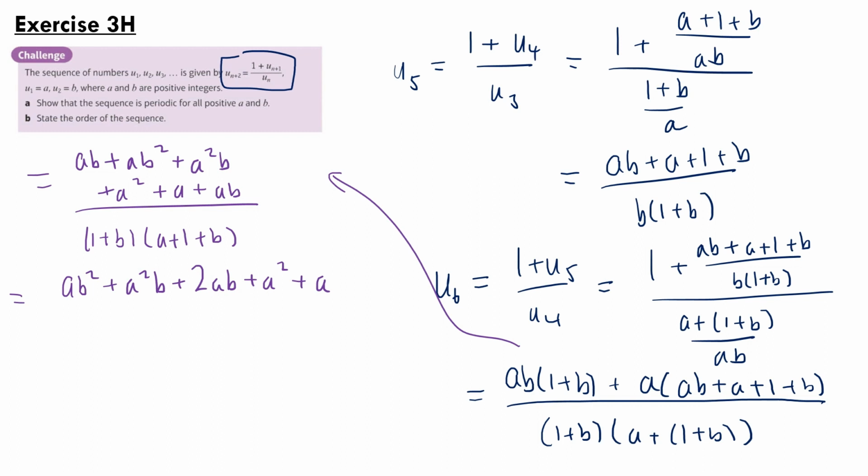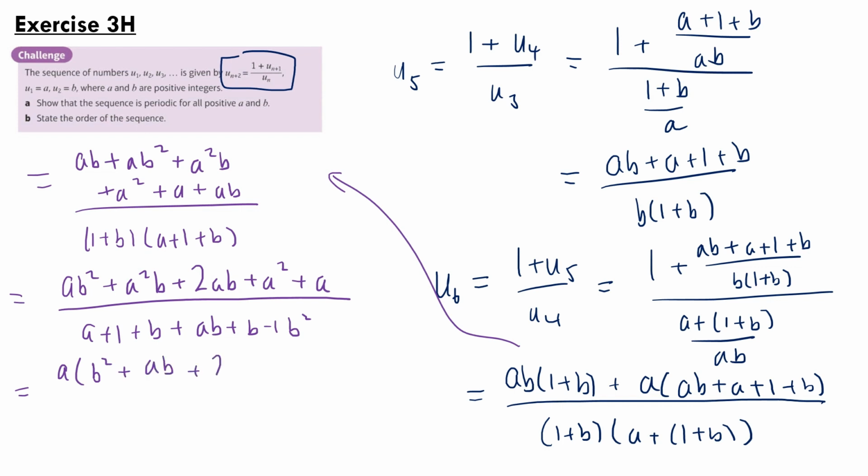On the denominator we have a plus 1 plus b plus ab plus b plus b squared. Okay, and now if we factor out a from the numerator, we have a times (b squared plus ab plus 2b plus a plus 1).